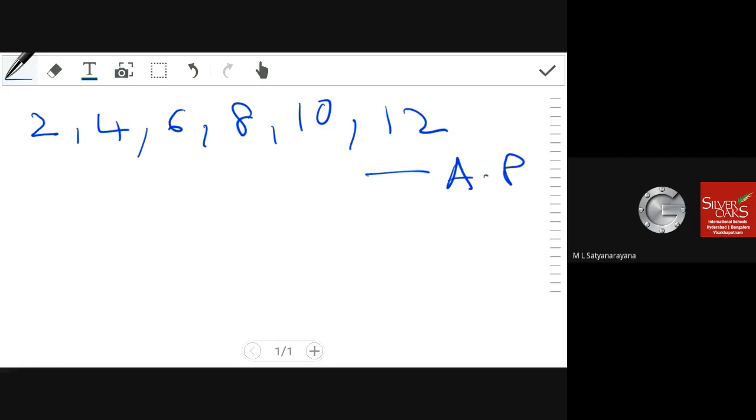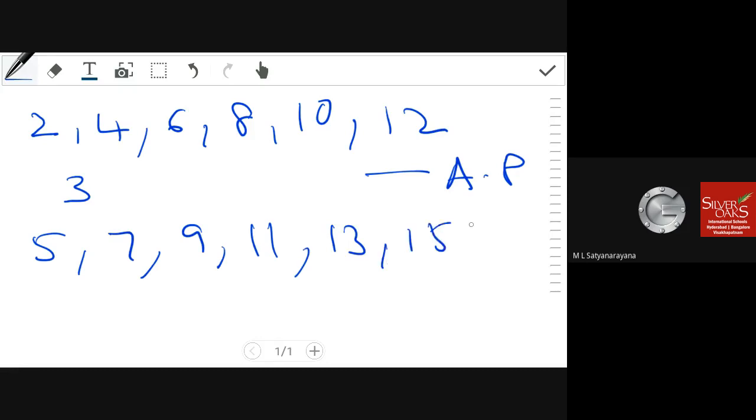Therefore, we can say that it is an arithmetic progression. Now, imagine I am adding a constant, 3, to each and every term. 2 plus 3 is 5, 4 plus 3 is 7, 6 plus 3 is 9, 8 plus 3 is 11, 10 plus 3 is 13, and 12 plus 3 is 15. Is it in AP? Yes, it is in AP. See, the difference is again the same. Therefore, it is in AP.